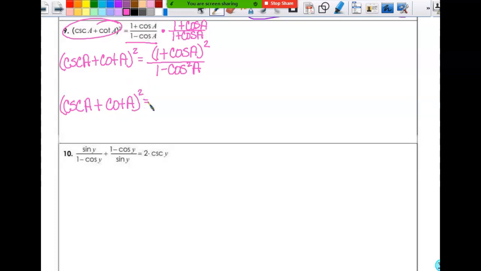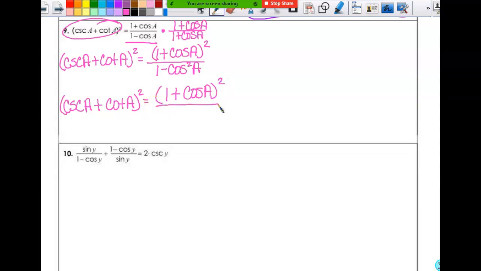On the right-hand side, I'm not going to multiply out the numerator, because maybe I'm going to need to, but I think I can do something with the denominator first. One reason I think I won't need to is because the left-hand side isn't squared out, so I don't think I want to multiply that out. We'll wait and see what happens. So 1 plus cosine A quantity squared, we're going to leave that up there.